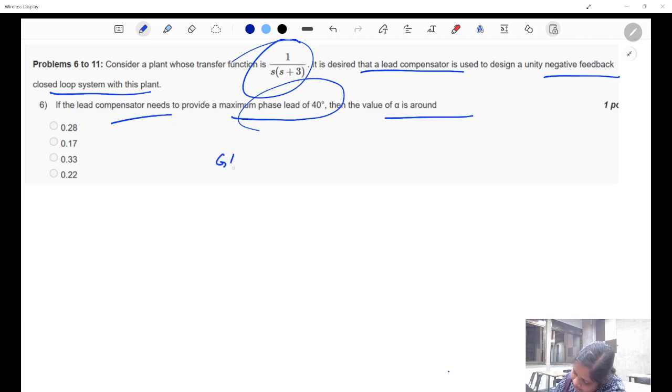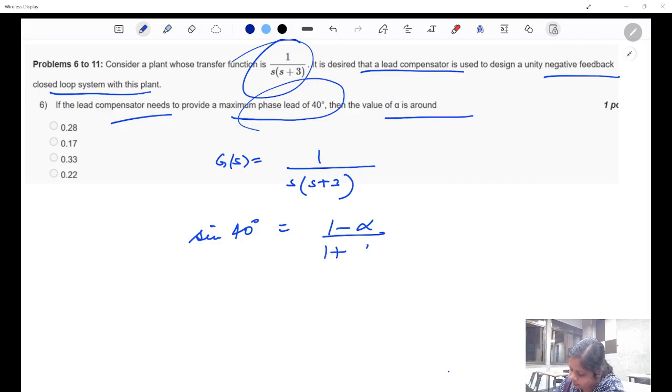So our G(s) is 1 upon s into (s plus 3), right? Since we want 40 degrees, sine of 40 degrees is (1 minus alpha) upon (1 plus alpha). This we already saw.